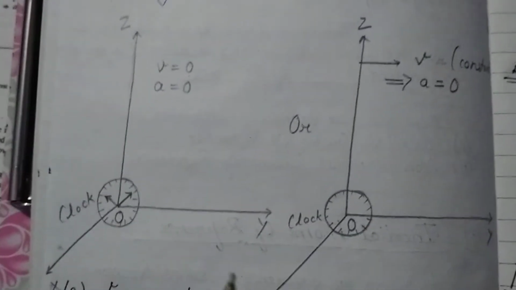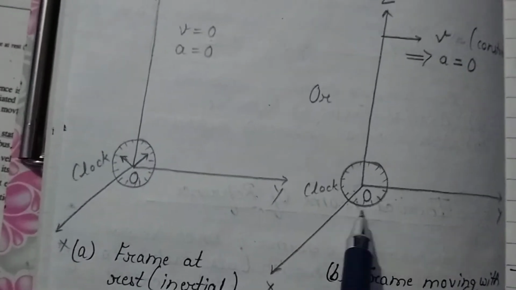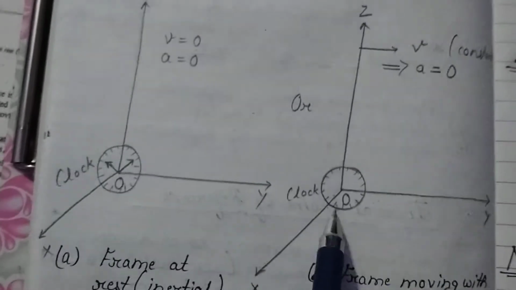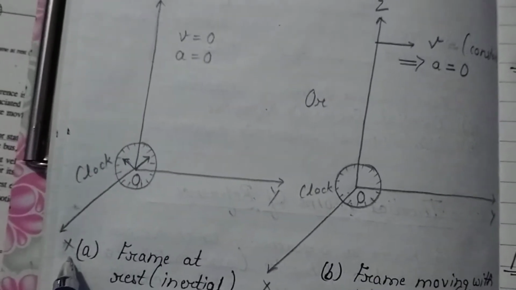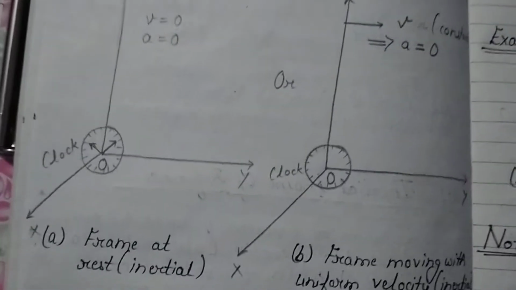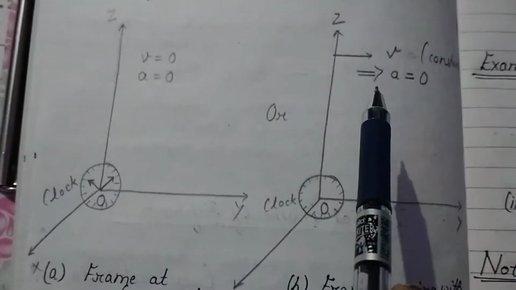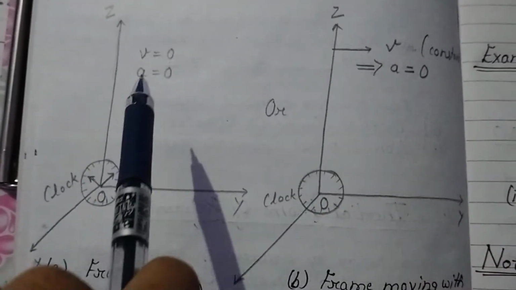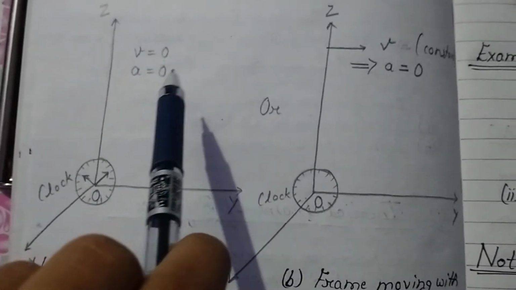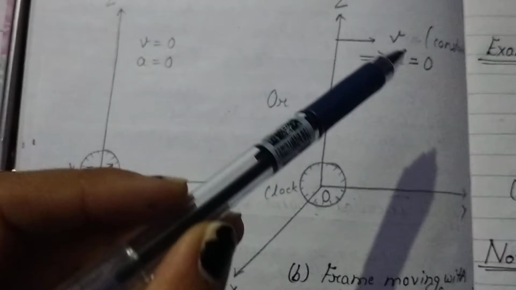Let's see this diagram. Let's consider this is a clock and also this is a clock. This is the x-axis, y-axis, and this one is the z-axis. Here v is equal to 0 and that implies that a is also equal to 0.